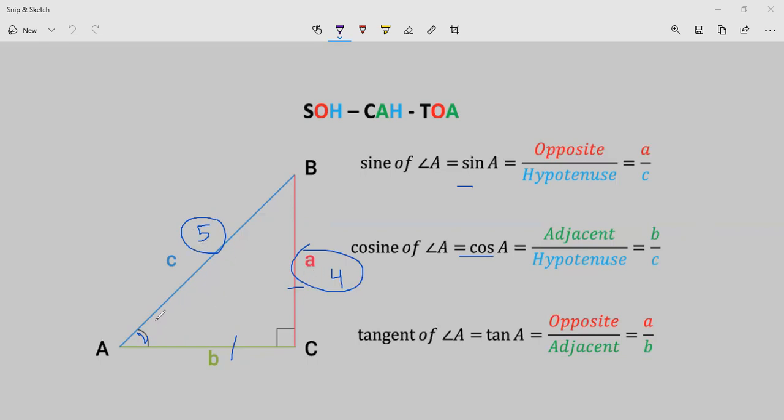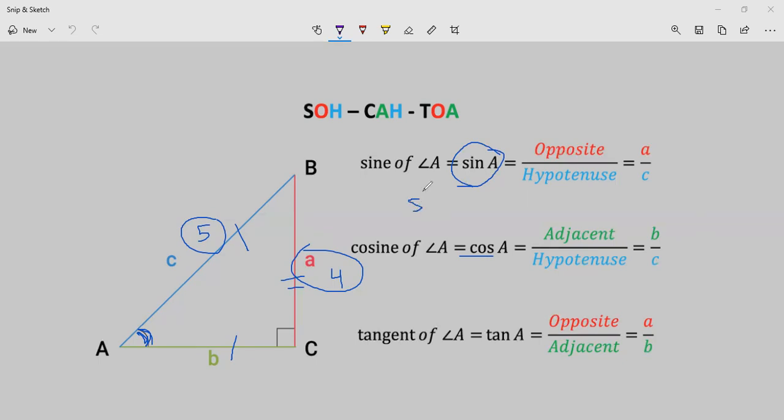So to find the measure of the angle A, you have to look at what you have. I have the opposite and I have the hypotenuse, so I need to use this rule. If you want to find the angle itself, not the sine, you can use shift sine directly on the calculator.